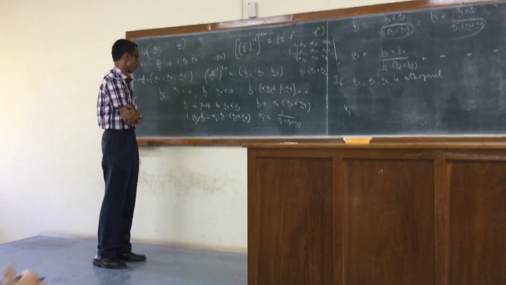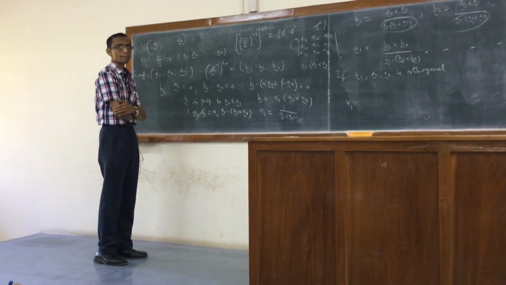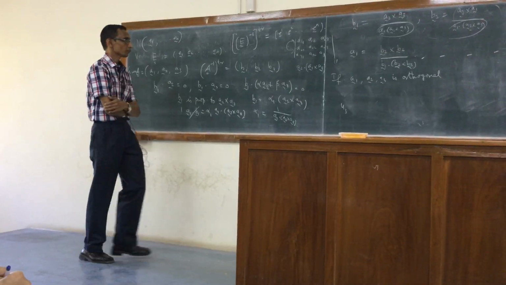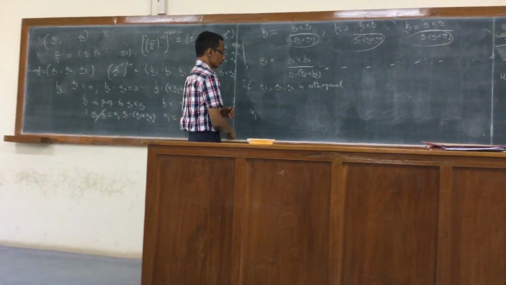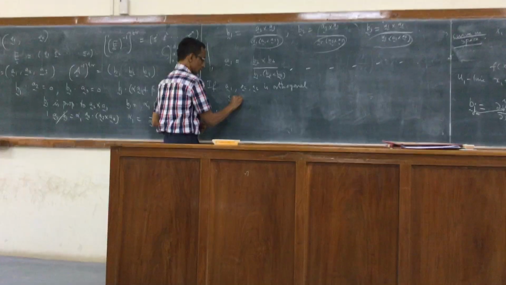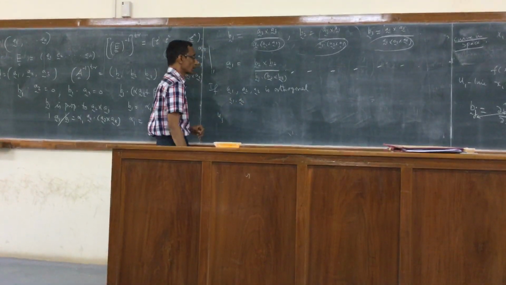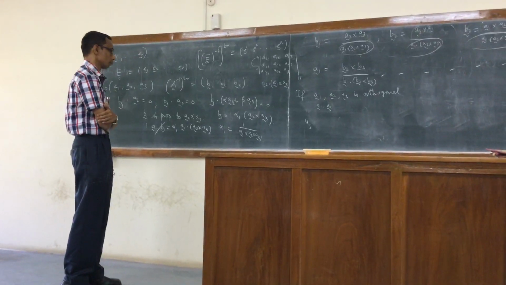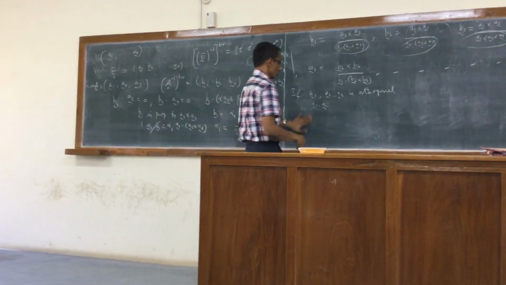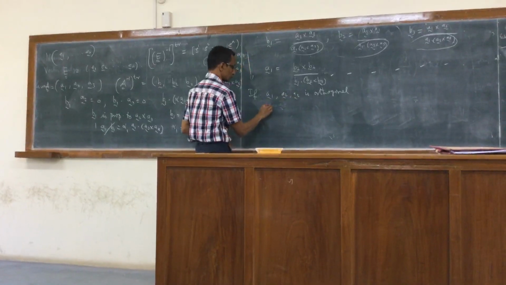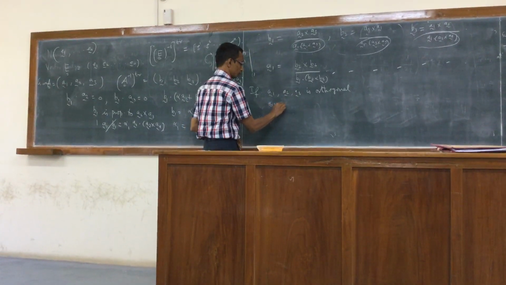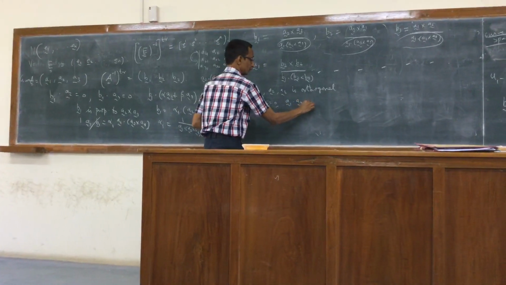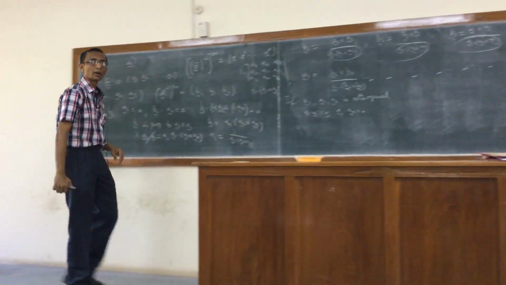Then what can you say about B1? We have A1, A2 and A3 orthogonal. Then A1 dot A2 is equal to 0, A1 dot A3 is equal to 0.